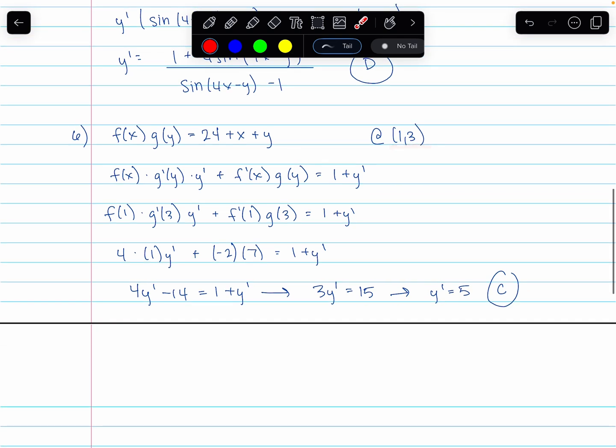So I'm going to plug in 1 for x, and I'm going to plug in 3 for y. And then we're going to solve for y prime after that. I'm going to get all of these values right here just from the table, and then once I plug in those values, I can come to the conclusion that y prime is equal to 5, which is C.